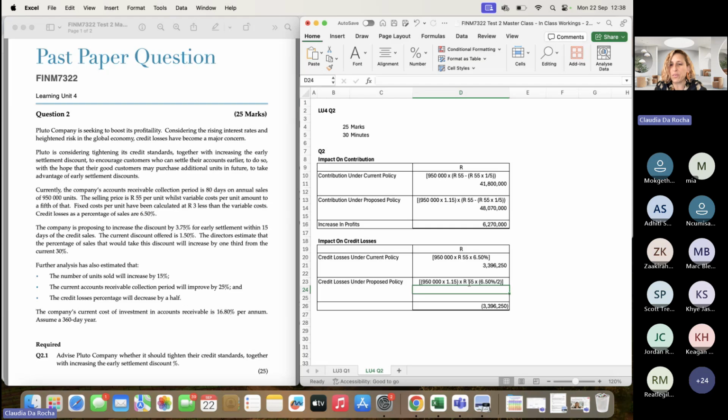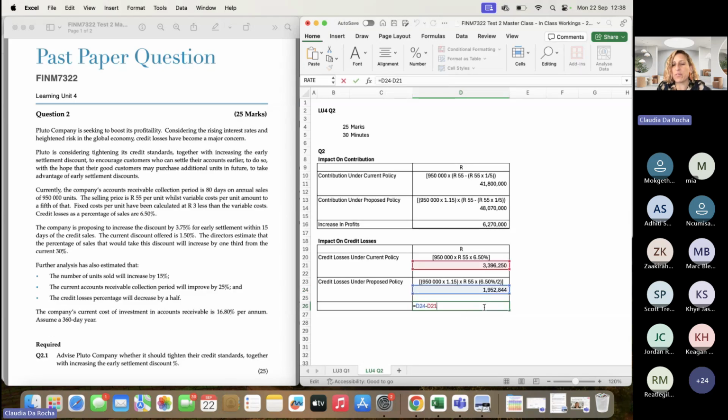We then have the 55 Rand. We then have the 6.5% at half of the rate. All right, so what do we get as our answer? $1,952,844.